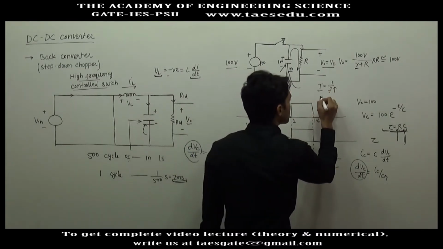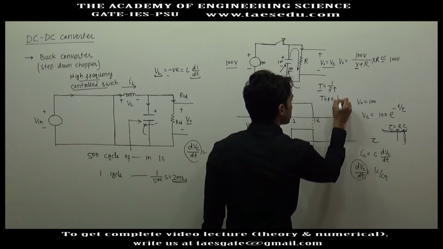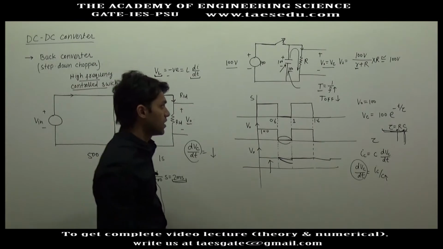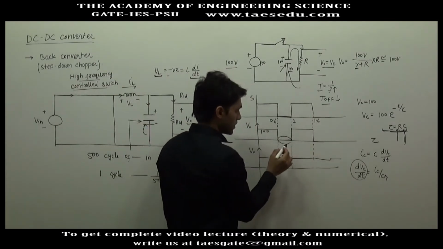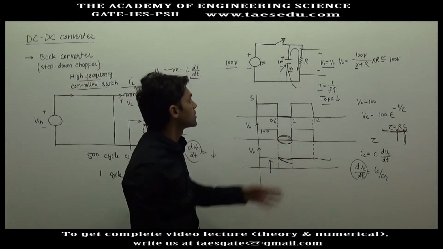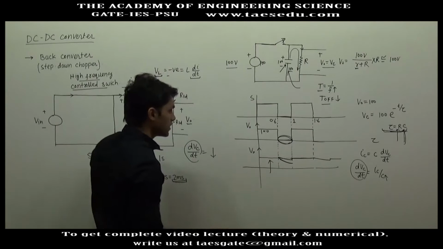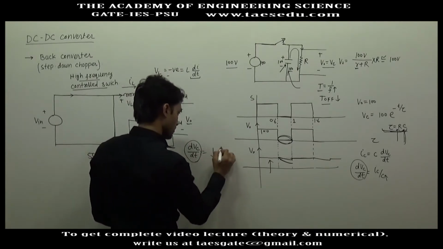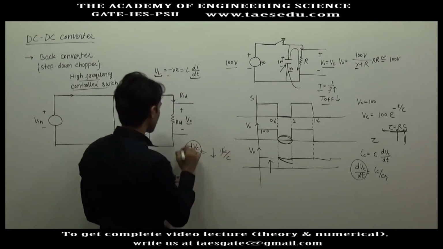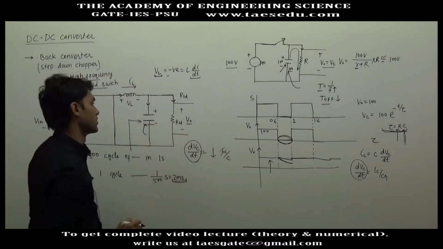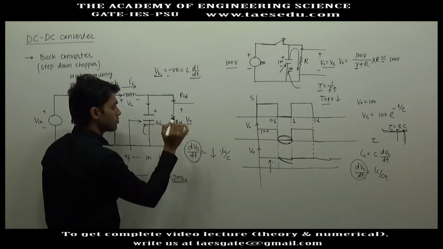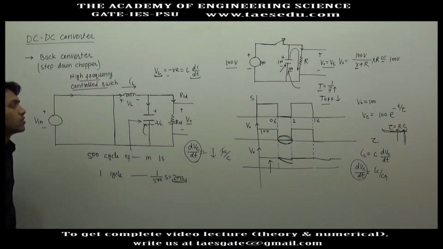If this quantity is less, T off will be less, and if T off is small, it means you are giving a very small time for the discharge of the capacitor, and by using a large capacitor, the rate of discharge of the capacitor is also low. So the overall decrease in capacitor voltage will be negligible, and capacitor voltage is equal to output voltage, so the decrease in output voltage will be less.